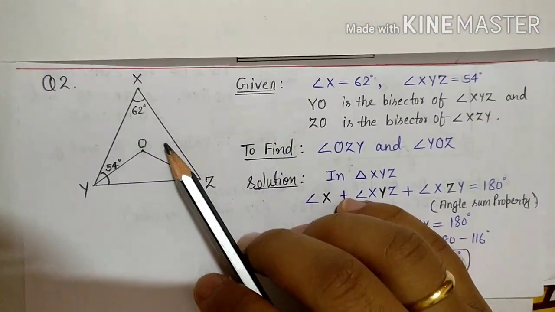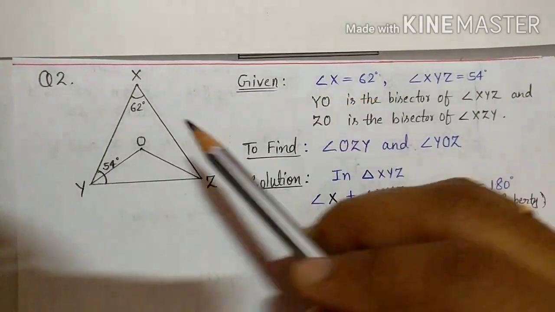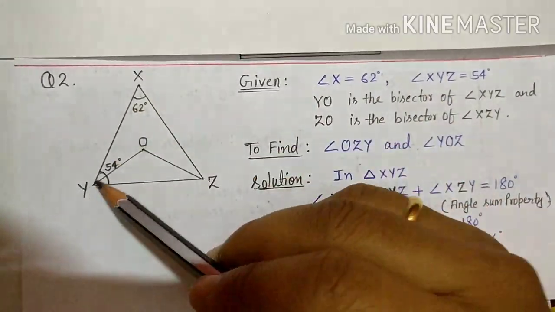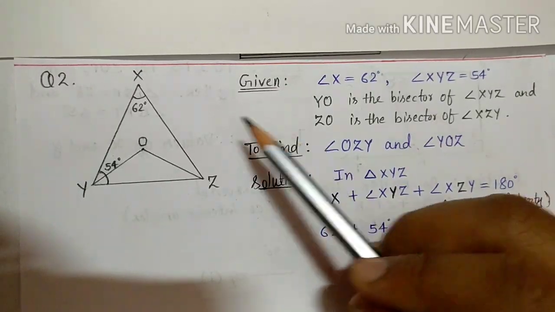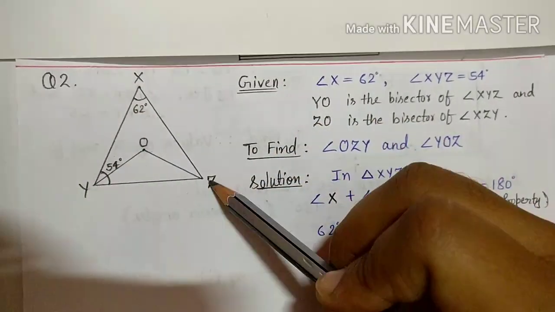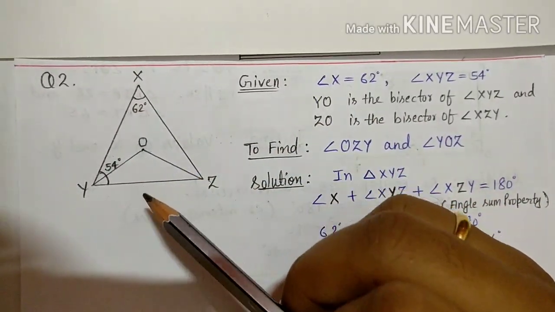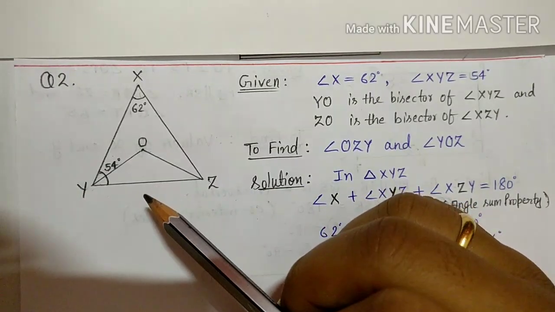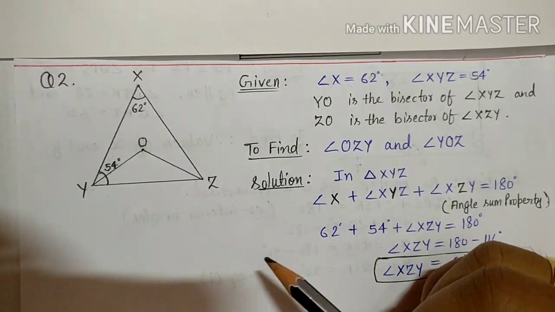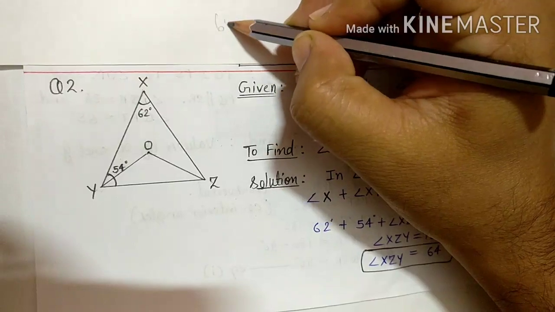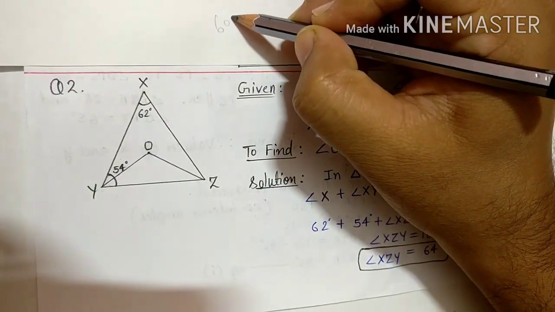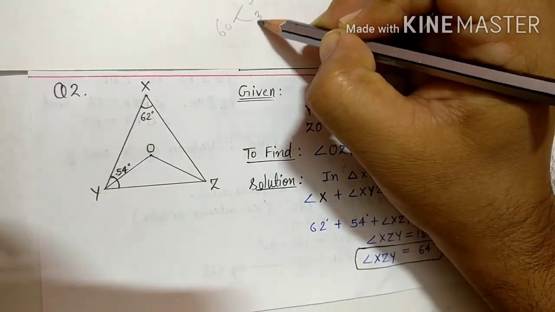So let's do it on the copy. I have made this figure, as you can see here. Given angle X 62, XYZ full angle 54 degrees, and YO is the bisector of angle XYZ. Bisector means which divides the angle into two equal halves. Okay, that is called a bisector. Like if 60 is there, the bisector will divide this 60 into two parts, that is 30 and 30.